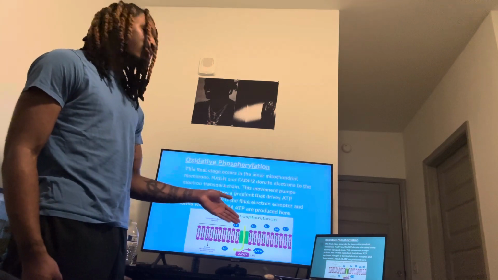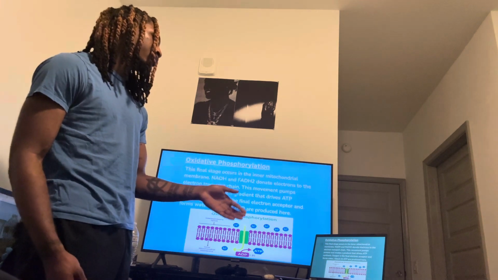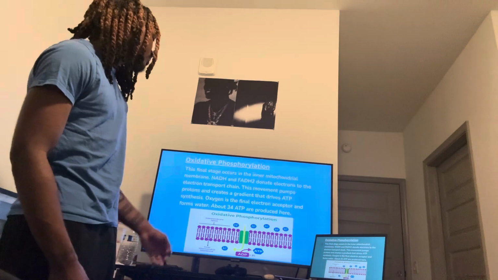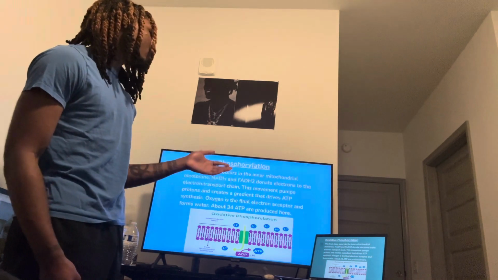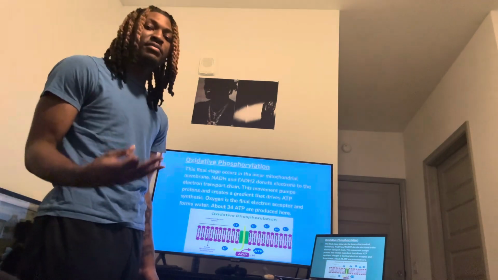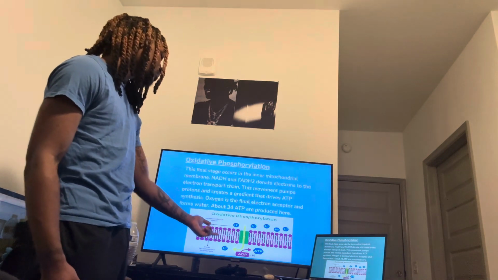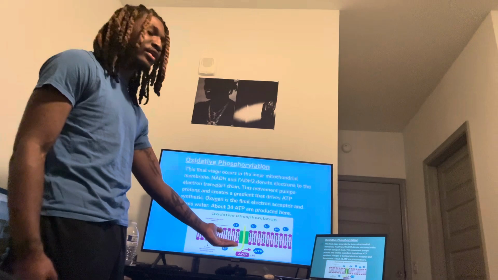This movement pumps protons and creates a gradient that drives ATP synthesis. Oxygen is also the final electron acceptor and forms water. About 34 ATP are produced here. Like I said, the diagram right here shows basically everything I just explained to you.